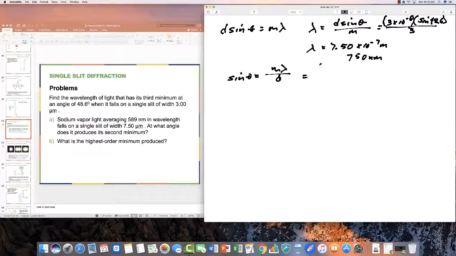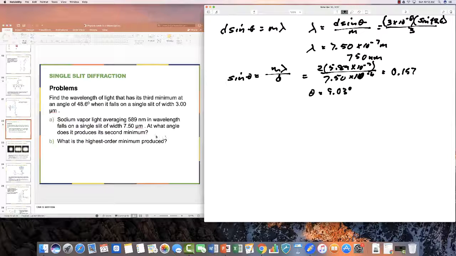This is the second order, so this is 2 times 5.89 times 10 to the minus 7 divided by 7.50 times 10 to the minus 6. If you do that, you get 0.157, and that's the sine of this angle, so theta is equal to 9.03 degrees.